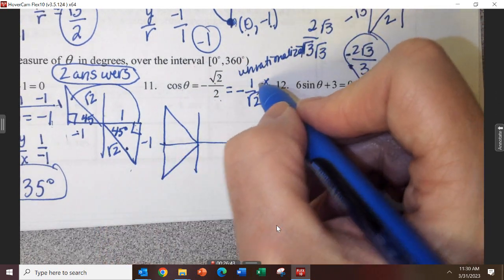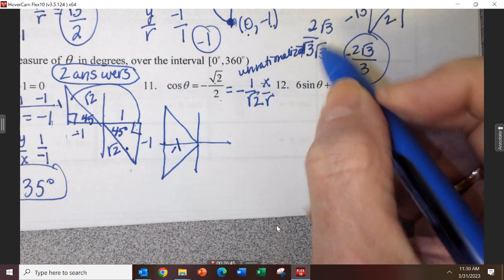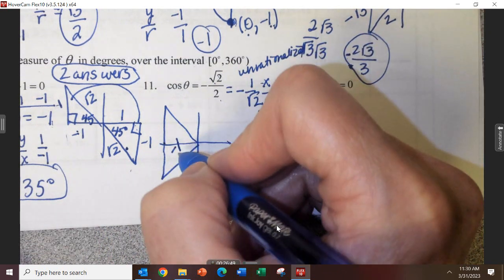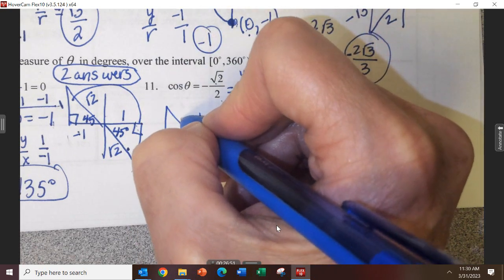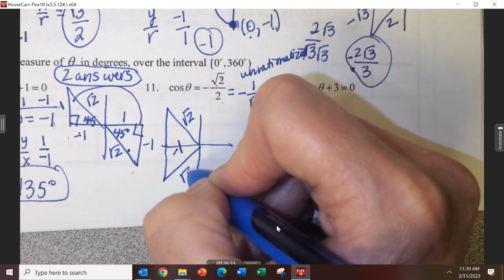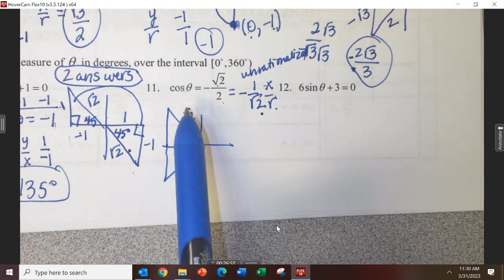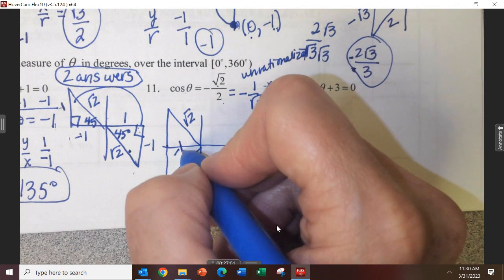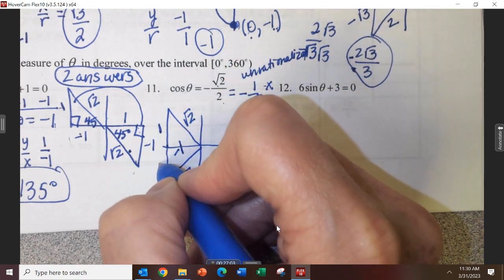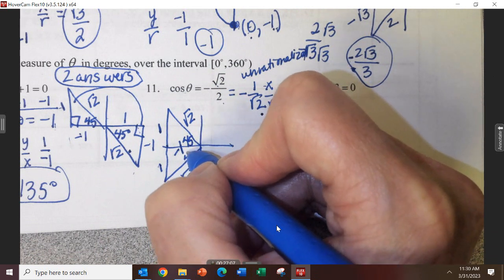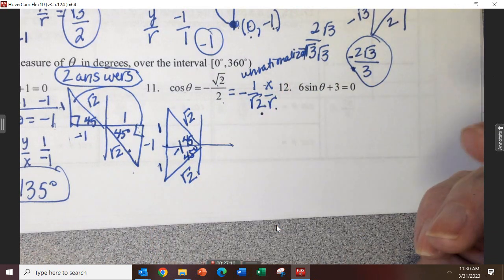So this is saying that x has to be -1. Can r ever be negative? No. So it has to be that x is -1, r is given to be radical 2. Which triangle is it that goes 1 and radical 2? Right, because it goes 1, 1, that's also a 1. So this is 45 degrees, and this is 45 degrees.